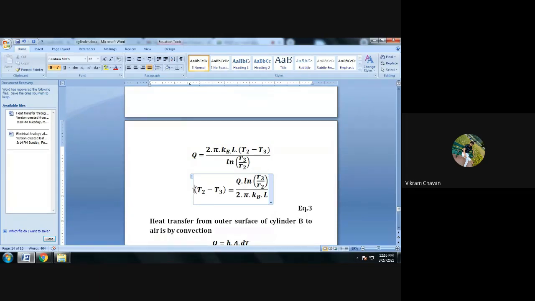We have used the same equation and changed the suffix according to cylinder B. So that will be our equation number 3.